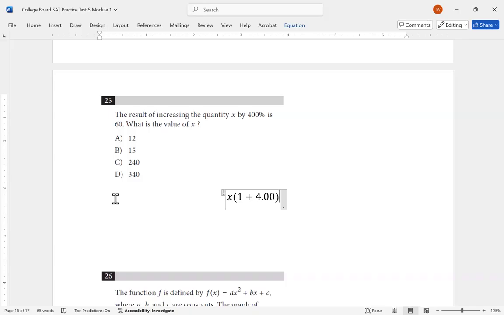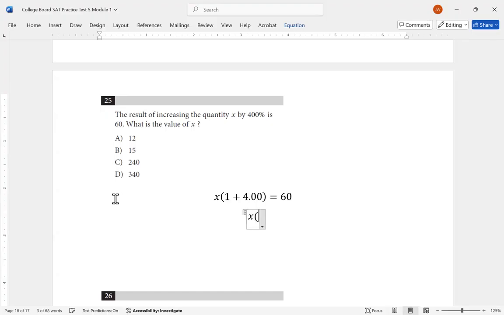That would be increasing a quantity by 400%. I start with 100% of that quantity, and then I add on 400%. As a decimal, 400% is 4.00. And the result of doing that should give me 60.